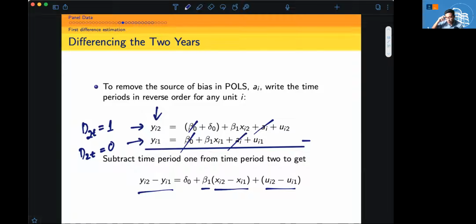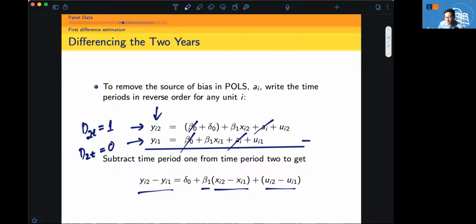It seems very simple, and it seems that it doesn't do anything special in just eliminating the a_i. However, when you enter into the estimation of this model, regressing using pooled OLS and first difference would lead to very different estimates of the beta 1 coefficient.